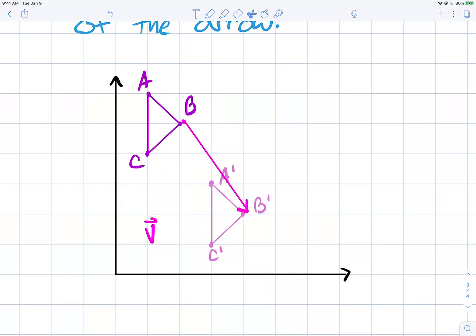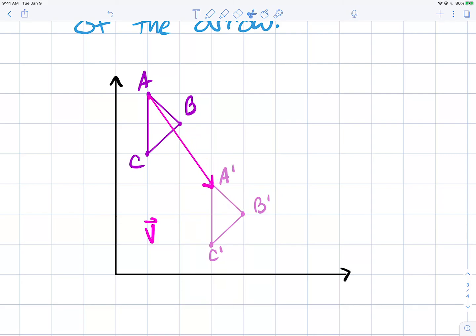And if I were to start it at B, it ends at B prime. Your vector is the exact distance between a point and its new location. So if I were to tell you, for instance, that this vector was 5 centimeters long, then you know the distance from C to C prime is 5 centimeters, from A to A prime is 5 centimeters, and from B to B prime is also 5 centimeters.